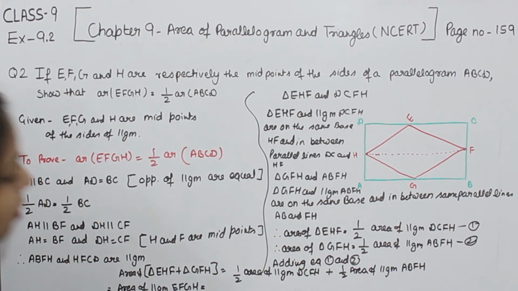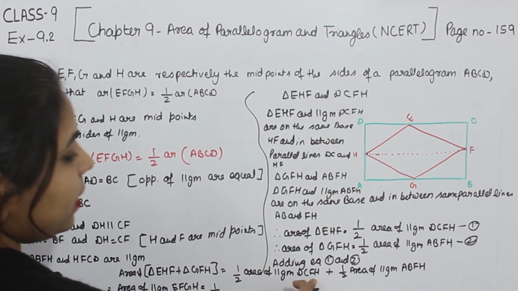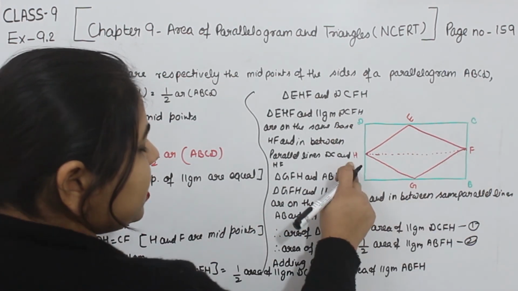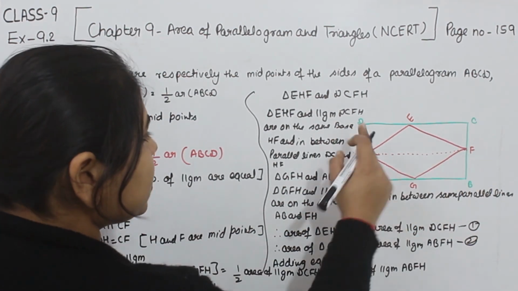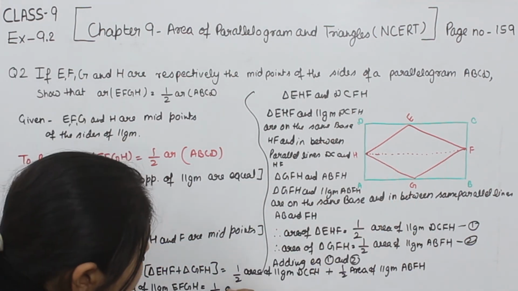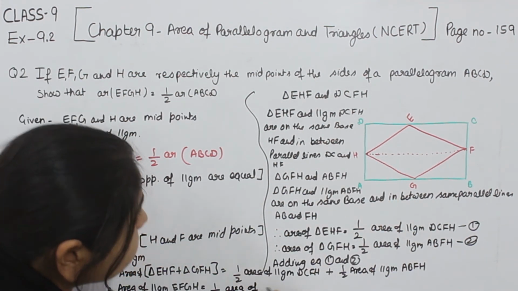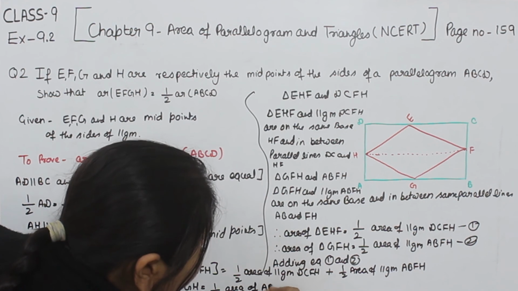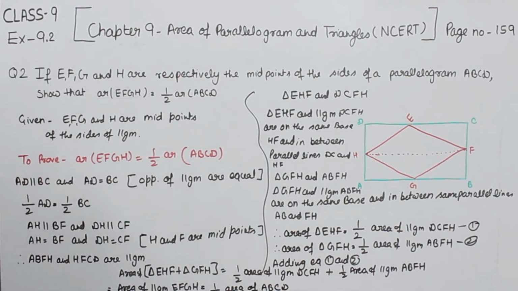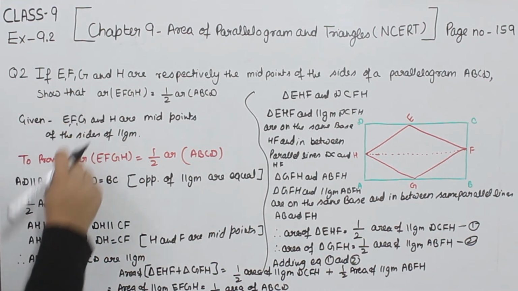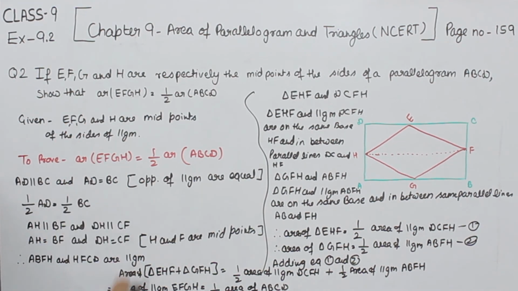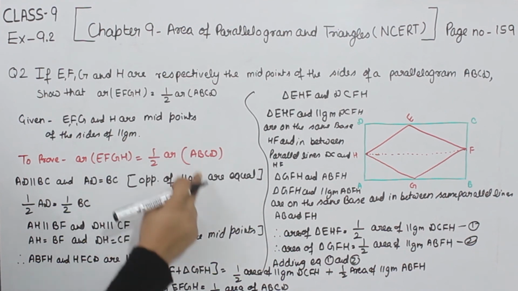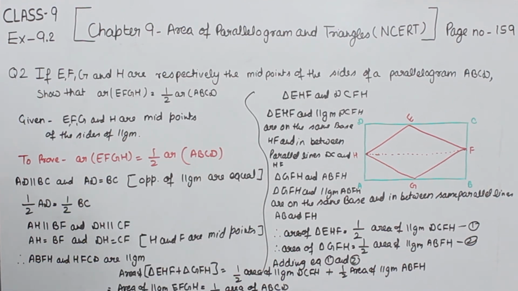First of all I am going to take the half as common, and DCFH plus ABFH, if we add them, this will become the area of parallelogram ABCD. So this one we had to prove, that area of EFGH is equal to half of area of ABCD. So we have proved it.